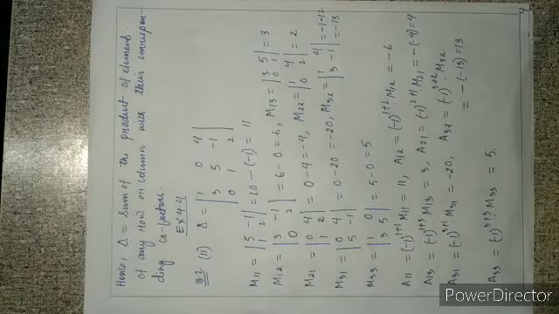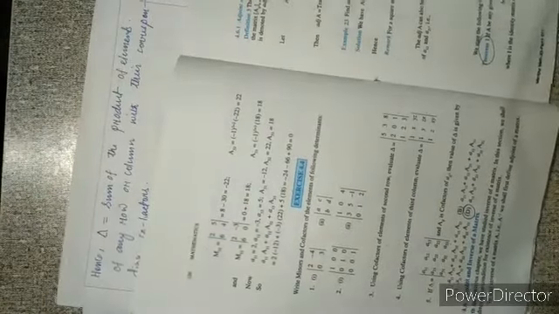Now let's come to exercise 4.4. Write the minors and cofactors of the elements of the following determinants.